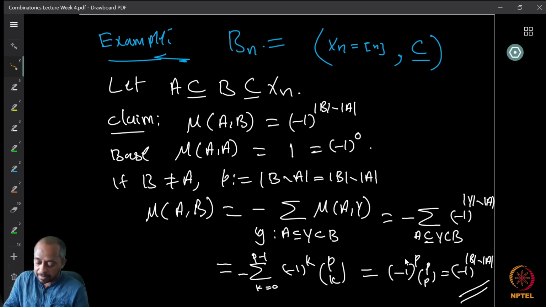Therefore this is precisely minus 1 raised to p choose p, and that is minus 1 raised to cardinality of B minus A, because p is the cardinality of B minus A. So that is it. We have shown by induction that this holds. Okay, so mu of A comma B is equal to minus 1 raised to cardinality B minus cardinality of A for the Boolean poset Bn.